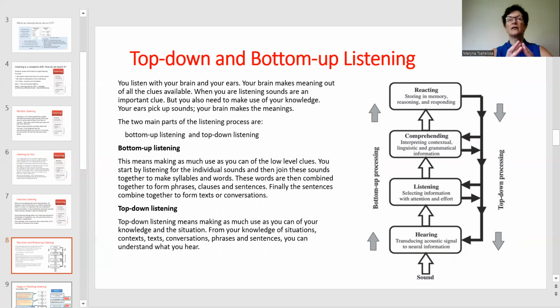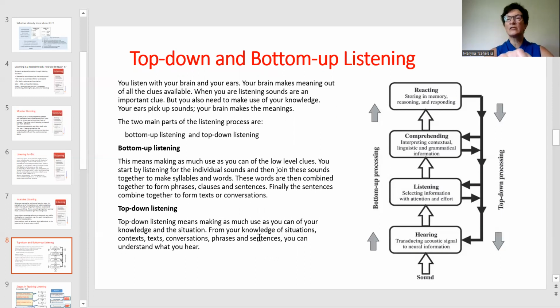Bottom up is when we start from the very simple stage. We start listening to words first, then words become phrases, then phrases become sentences, and sentences later become texts. So this is bottom-up listening. You hear, then you start listening, then comprehension, and then you may react.